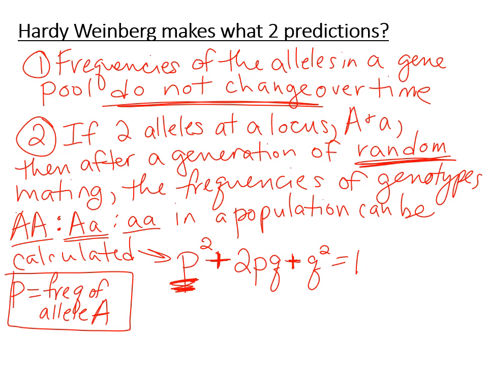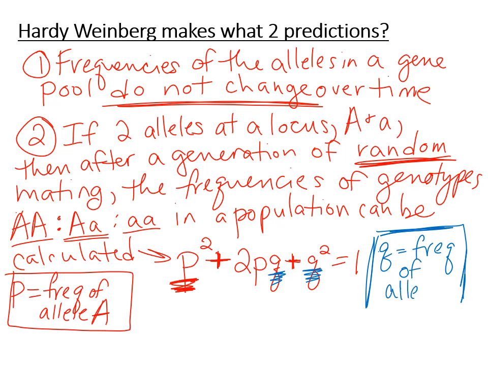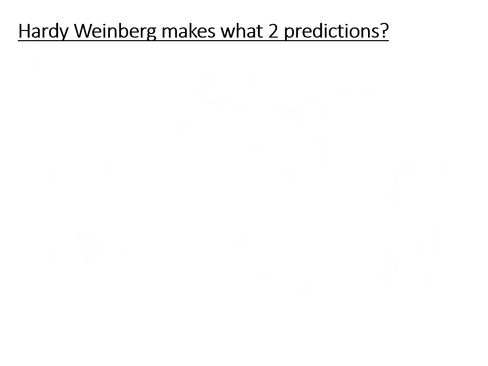Okay? Then when you see the letter Q here and here, Q is the frequency of the lowercase, the recessive allele. Now, let me just erase the screen so that you can really focus in on this concept.